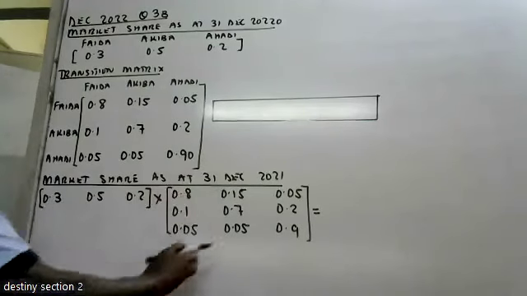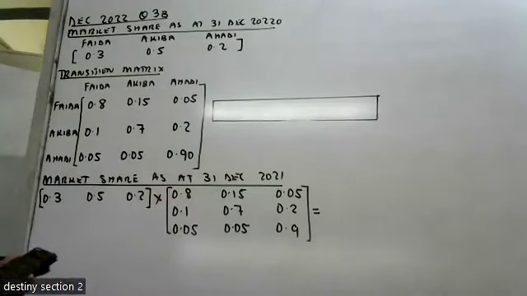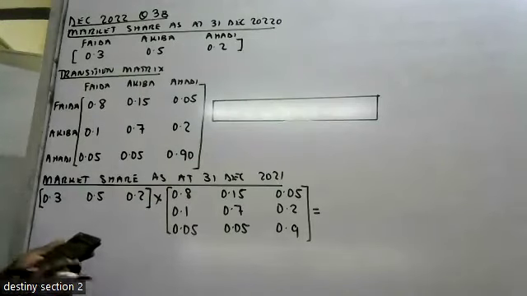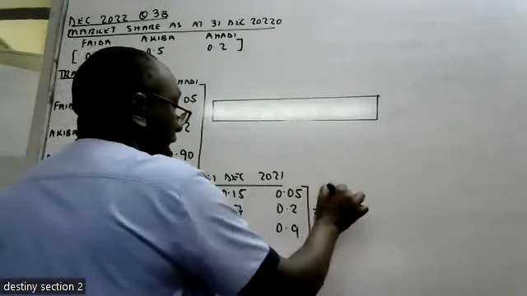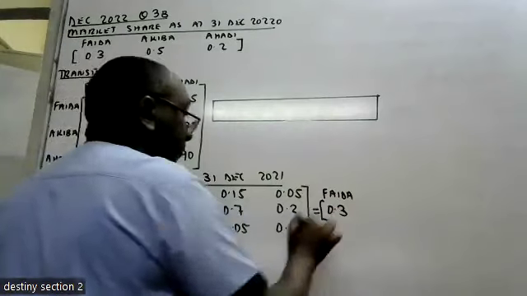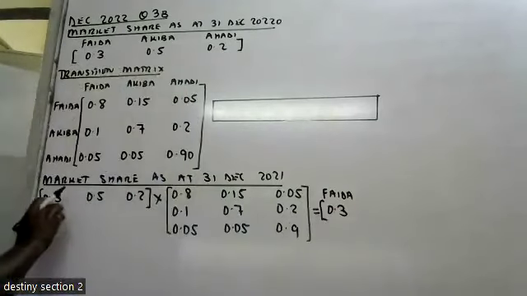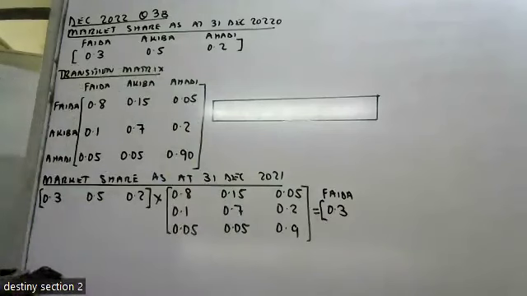Let's say this times this. So 0.3 times 0.8 plus 0.5 times 0.1 plus 0.2 times 0.05 is 0.3. So that's how Faida, we can label this one, Faida is going to get 0.3. That way, take this multiplied by this. So 0.3 multiplied by 0.15 plus 0.5 multiplied by 0.7 plus 0.2 multiplied by 0.05.